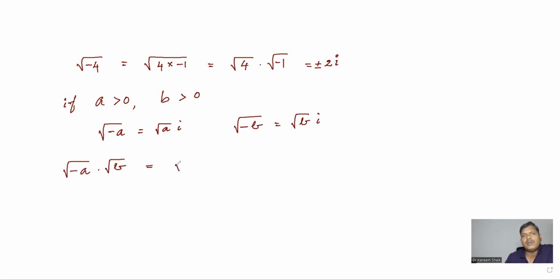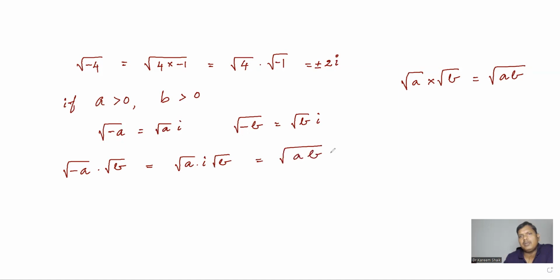Can I write it as square root of a into i, square root of b into i? We know that the square root of a into the square root of b equals the square root of ab. By using that property, can I write it as the square root of ab into i squared? But i squared is nothing but -1. So, can I write it as the square root of ab into -1? It is nothing but the square root of -ab.